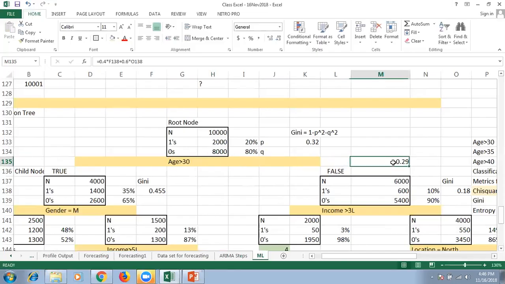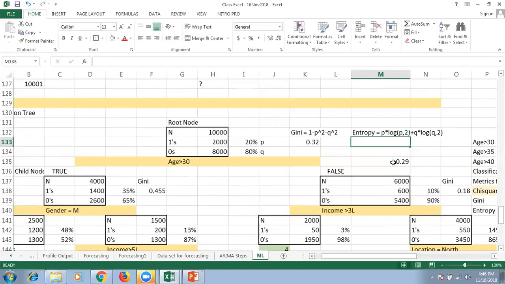And similarly, entropy is also the same thing. Entropy is basically the entropy formula like this: P times log of P. So this is the formula for entropy, guys.